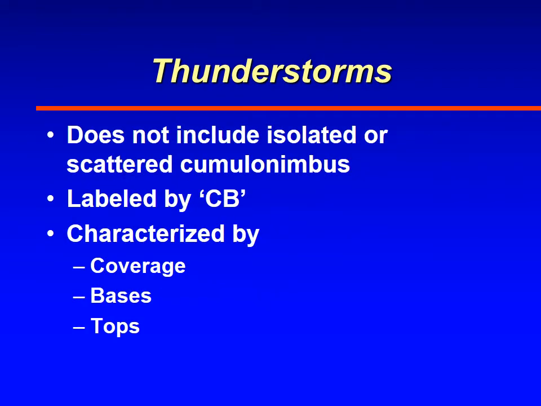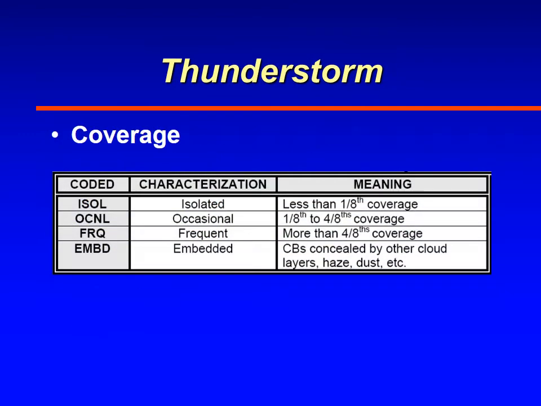So let's start out with some of the elements. Thunderstorms, they plot the same way that they did on the mid-level chart, where they use a scalloped red line. Then they'll tell you that it's a cumulonimbus, and they'll give you the coverage, the bases, and the tops. Once again, similar to mid-level, the coverage is isolated, occasional, or frequent, and then the descriptor, sometimes you'll see embedded to indicate the thunderstorms are hidden from view.